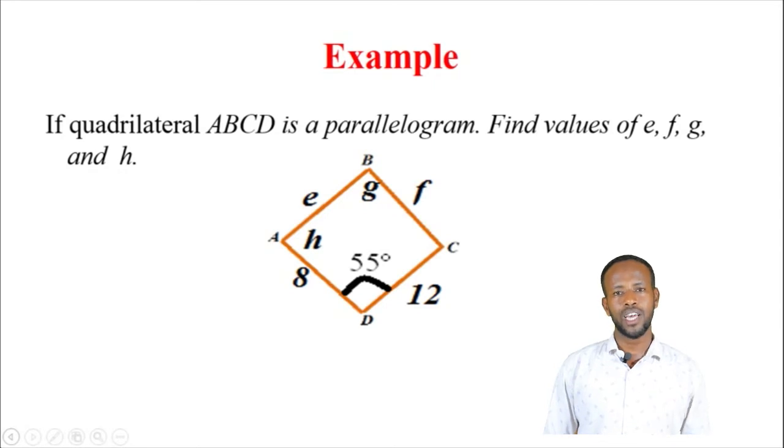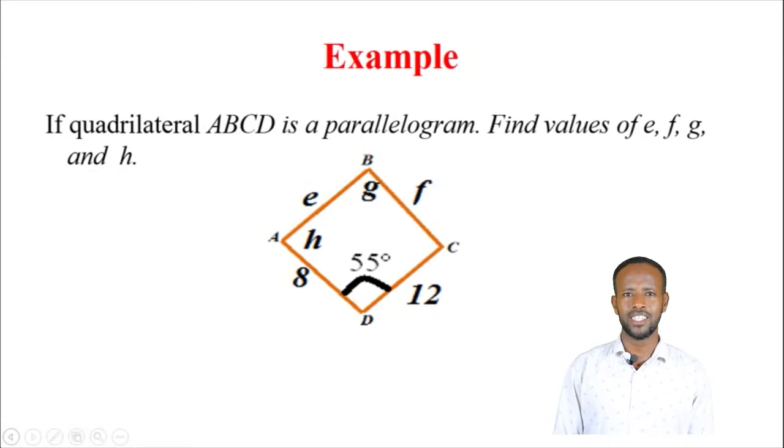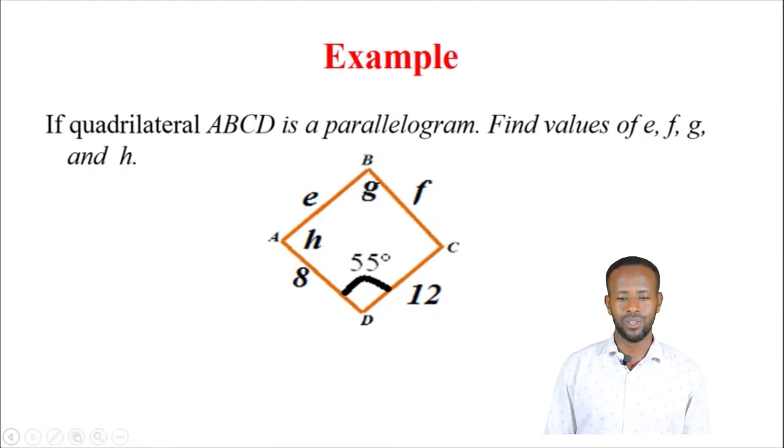We are needed to find the values of E, F, G, H. Students, by looking at the figure, can you answer? I hope that you can, isn't it? Because we will use the properties. Opposite sides are like this. Opposite angles are like this, isn't it? So now let us see the solution.